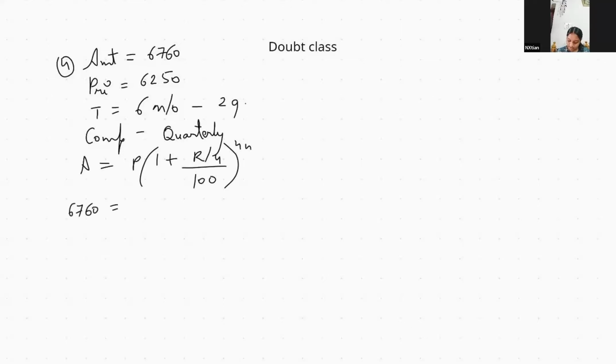Principal is 6250. 1 plus r, we don't know, r by 4 by 100, whole power 2. Go a bit slower, I want to copy it. Yes. So 6250, I will take to my left side.